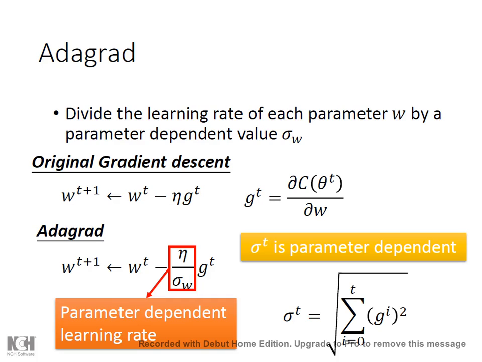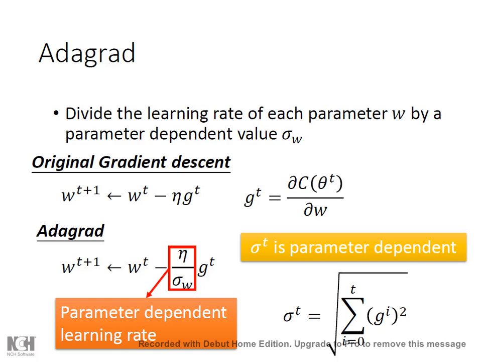The t means the t-th iteration. The sigma t can be calculated like this. It is actually the gradient squared, summed from the first iteration to your t-th iteration. That is the sum of the squares, and then we take the square root and assign it to the sigma.